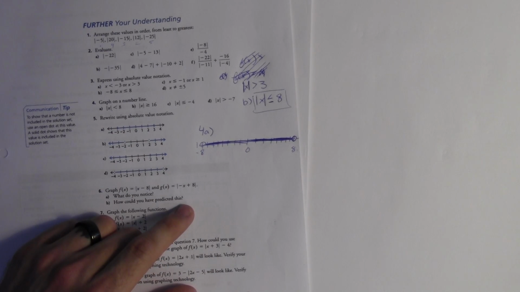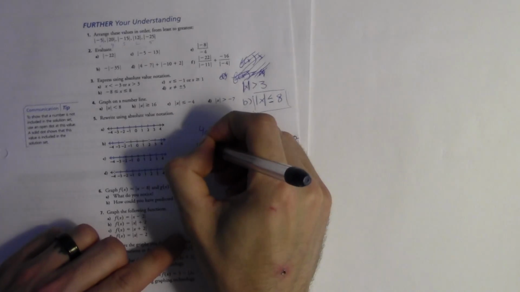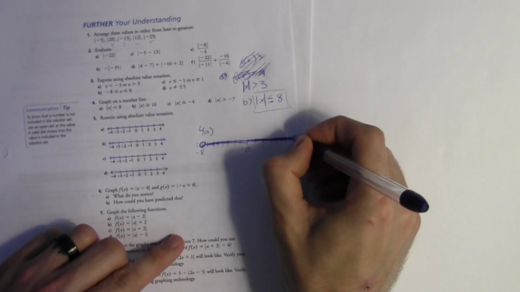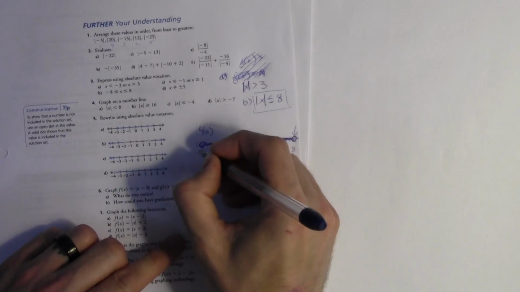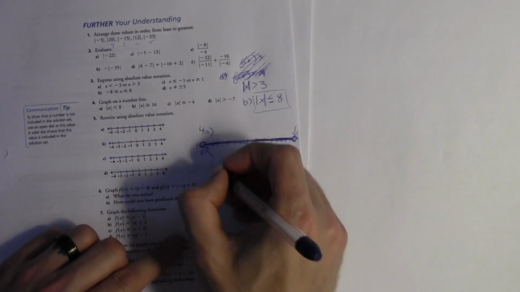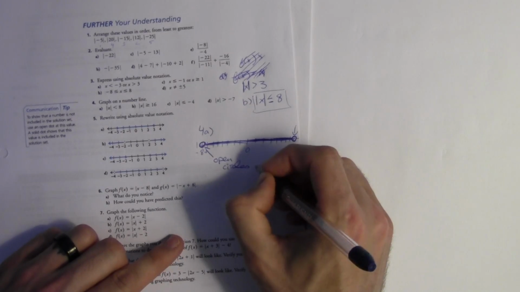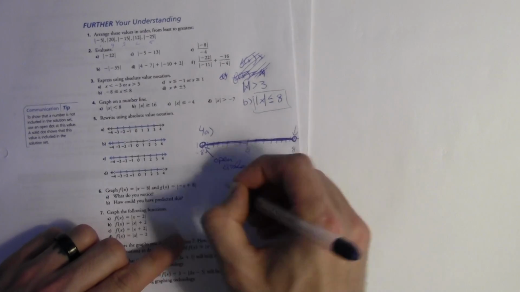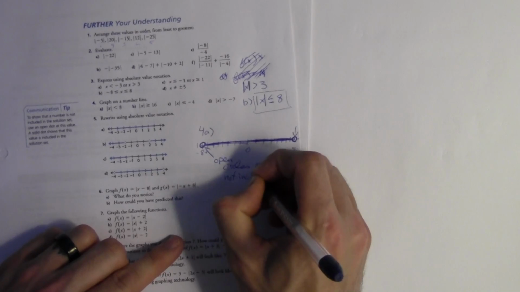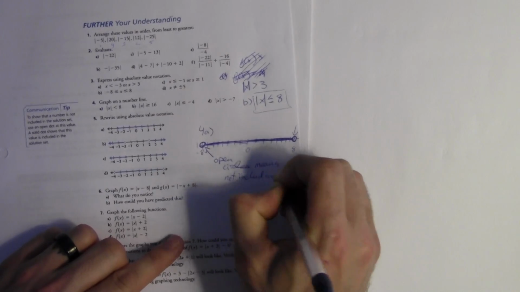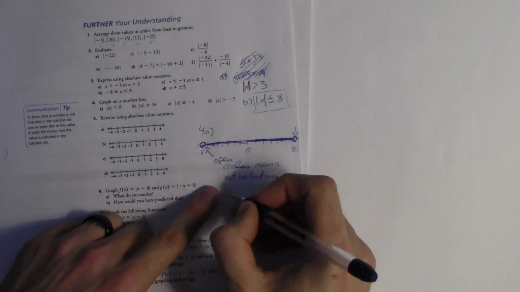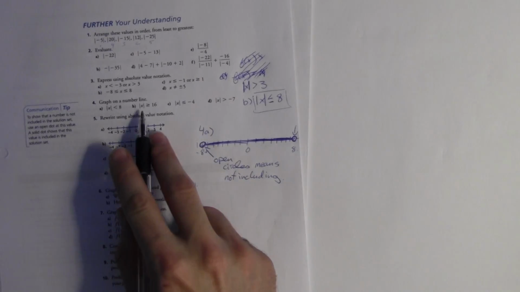It doesn't say less than or equal to 8. That's why I have open circles here. Okay? The open circles represent not including that number. Okay? Closed circles means including, and we'll show that on the next one.